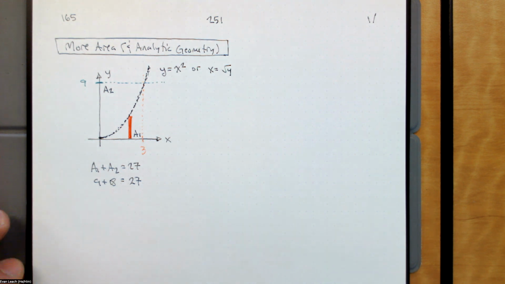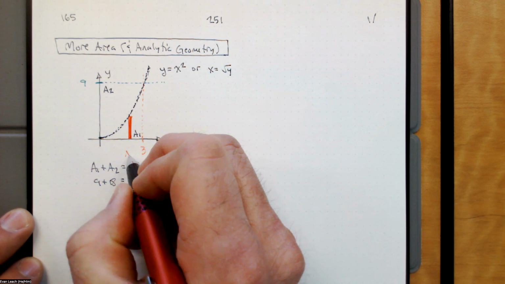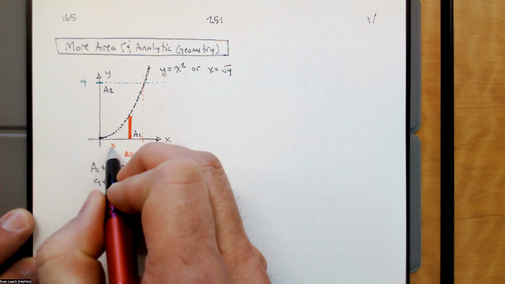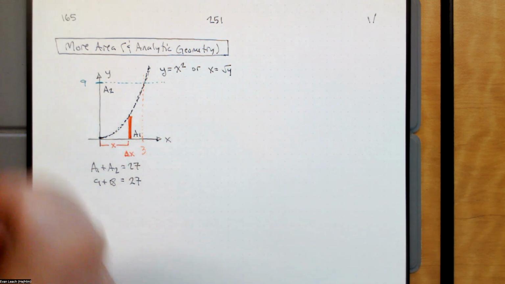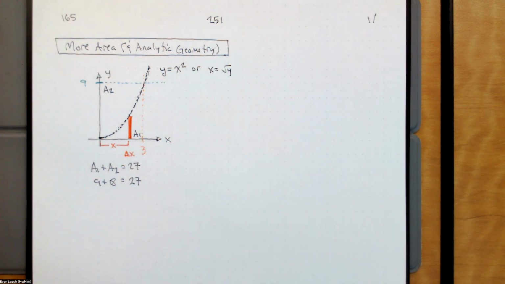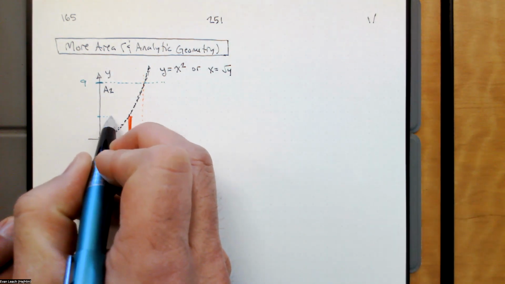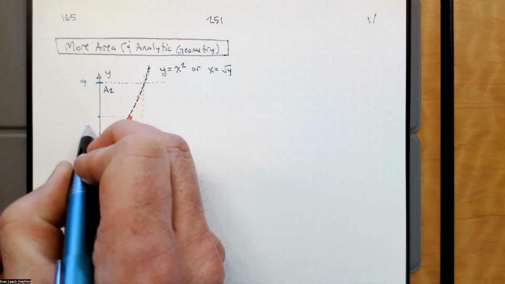So that's the thing that makes the most sense. So here's going to be a delta x, and here's going to be my x. Then what I need is the height of this rectangle. And the height exactly corresponds with the y coordinate at that point.